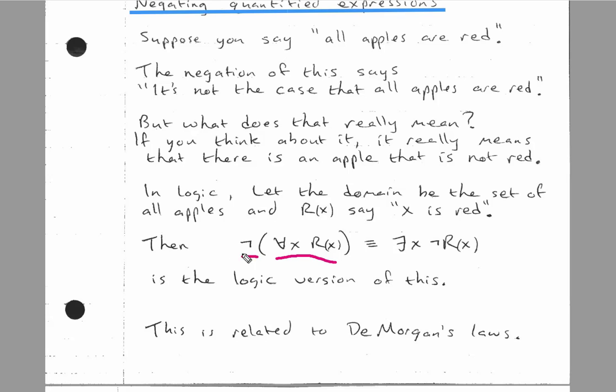It's not the case that all apples are red is equivalent to there exists an apple that is not red. So the idea is if you want to negate a for all, you need a there exists.